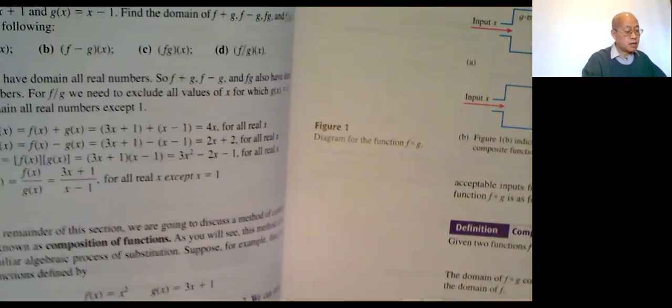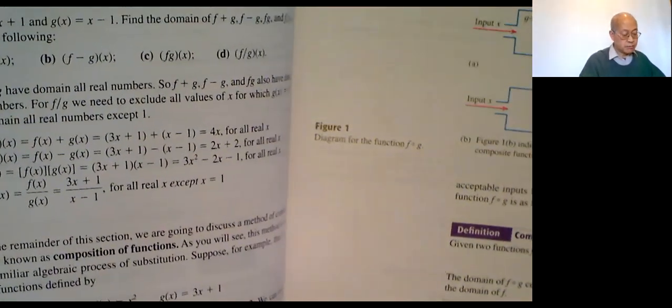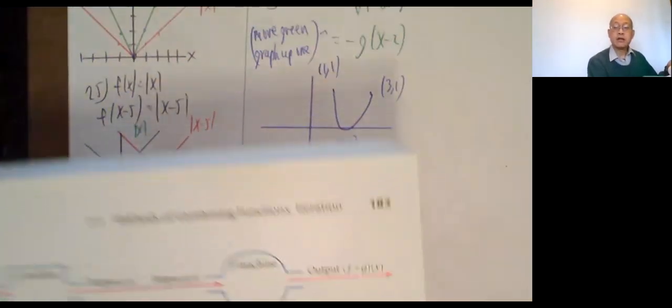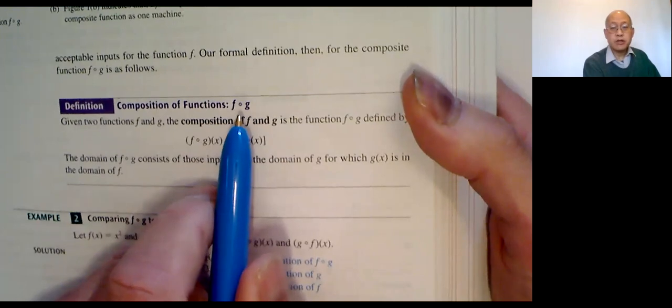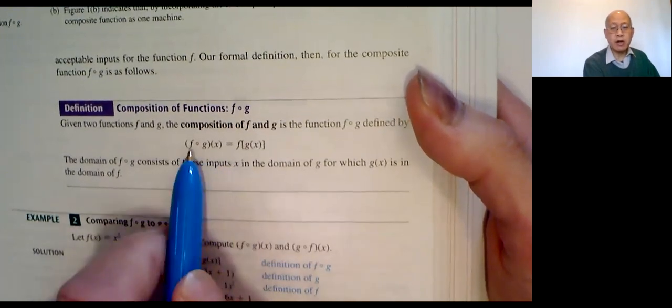What's harder, and you had an introduction to this, I think, in intermediate algebra, is something called a composition of functions. Page 183. The F circle G stuff, F of G of X is what it means. It almost looks like fog. See where it says F circle G of X?